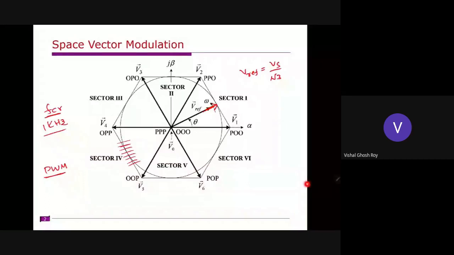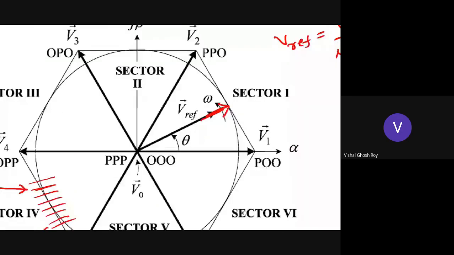If you want a carrier frequency of 1 kilohertz, we divide this into 1000 parts. Assume the time period of each one is Ts. Clear? This is the Ts period.